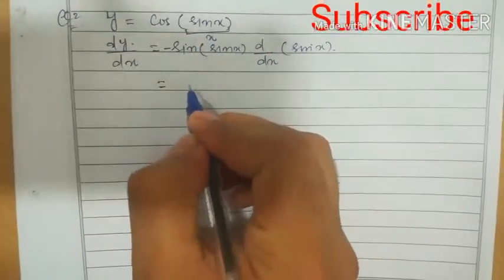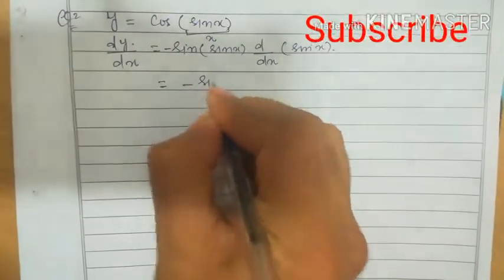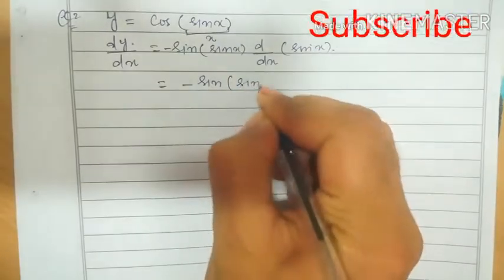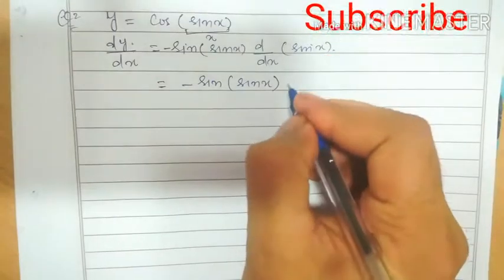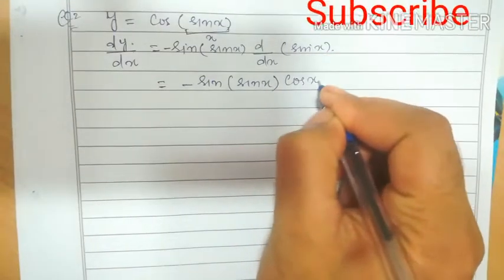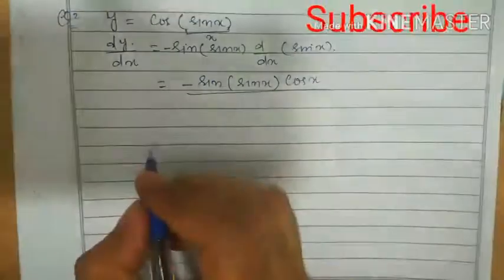Sorry, there was a mistake before. So now you can write minus sin of sin x, and differentiation of sin x is cos x. So this is your answer.